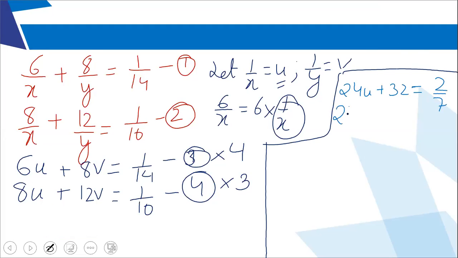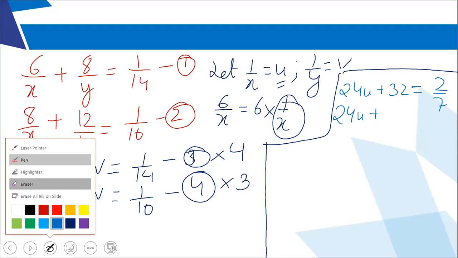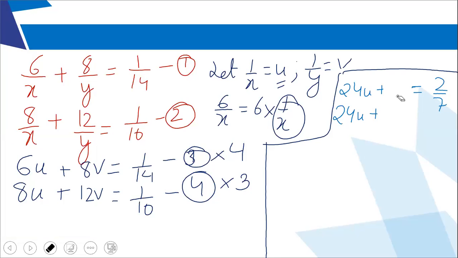So again you will get 24u plus 36v is equal to 3 upon 10. 12 3s are 36v, equal to 3 upon 10. Isn't it? It was 10, no? So it was 3 upon 10.